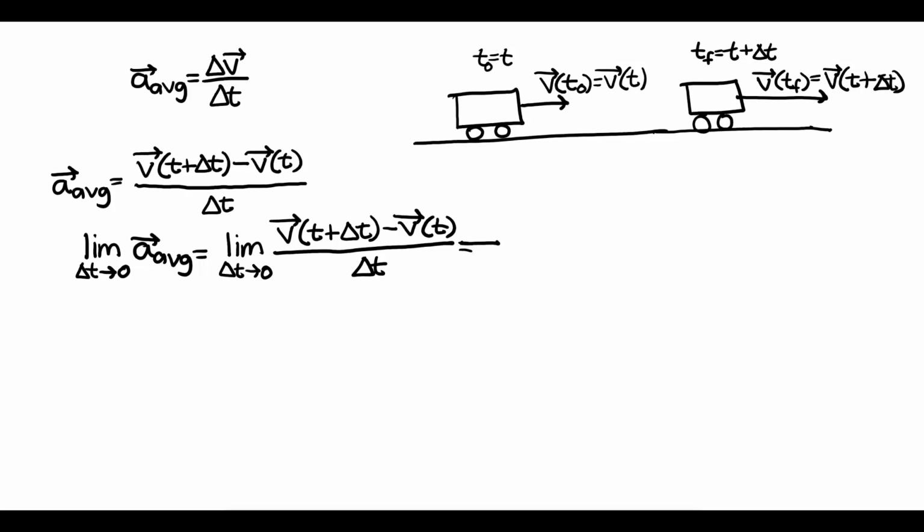So in summation, the instantaneous acceleration, so we don't put avg anymore because now it's the real acceleration, is defined as the derivative of the velocity with respect to time. So it's the rate at which v changes with respect to t.